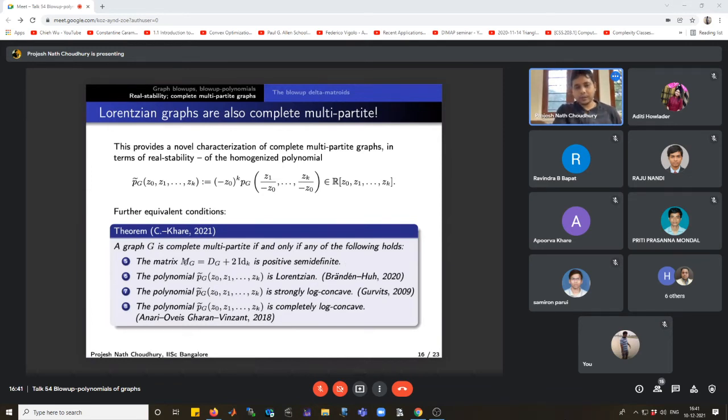The modified distance matrix M_G is positive semi-definite. The homogeneous blow-up polynomial is Lorentzian.